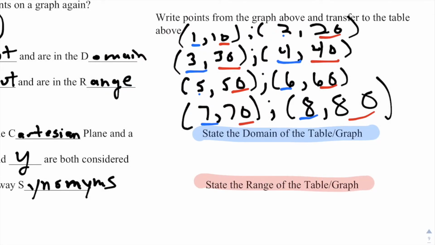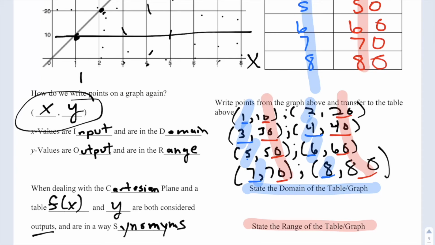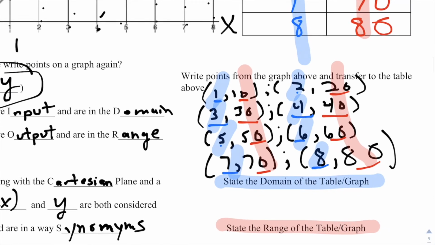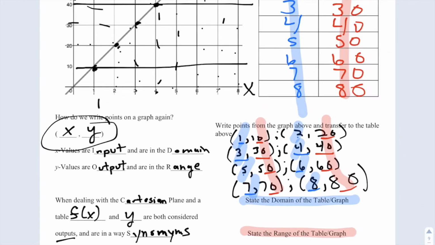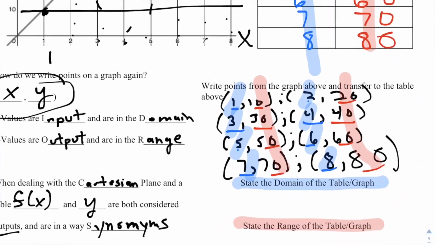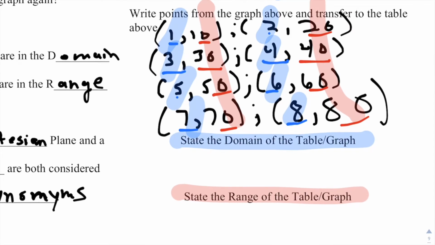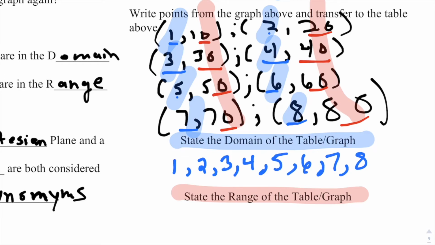Well, in set builder notation, we can pull the x coordinates off the points or the x values out of the table, and the domain would be 1, 2, 3, 4, 5, 6, 7, 8, and there's our set builder.